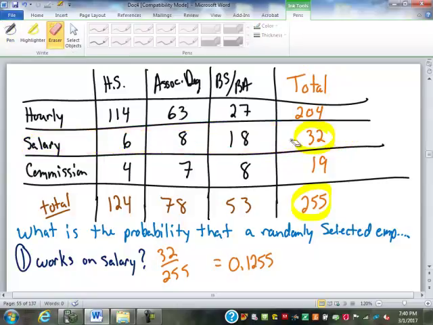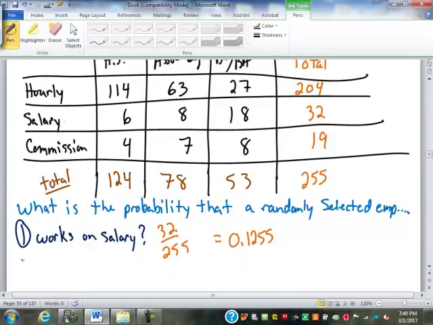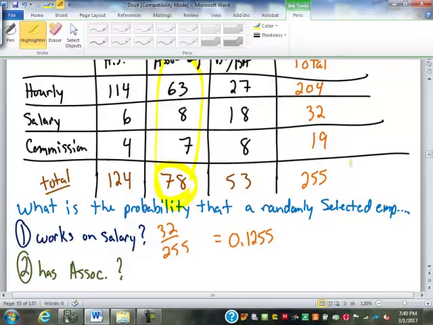So I'm going to erase this stuff quick here. My next question, what's the probability that a randomly selected employee has an associate degree? Well, again, this is the column as associate degrees. There's 78 of them out of 255.